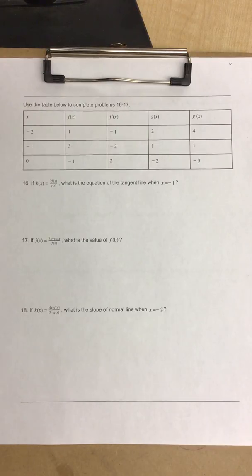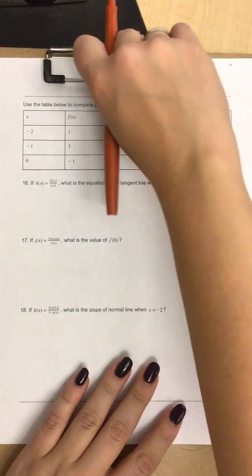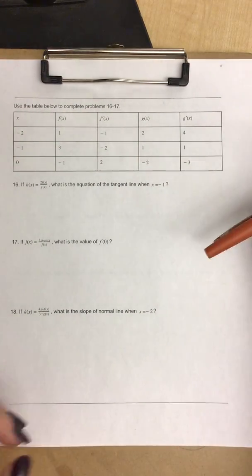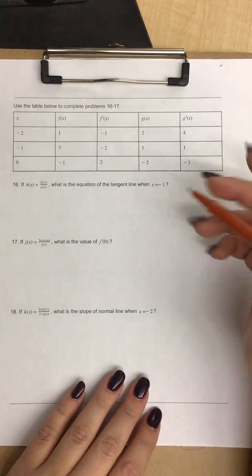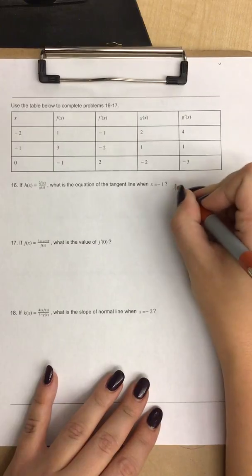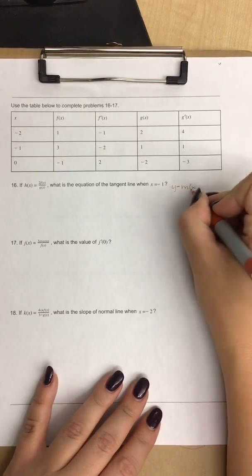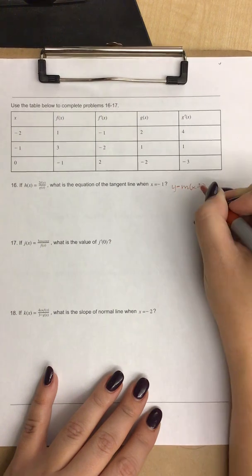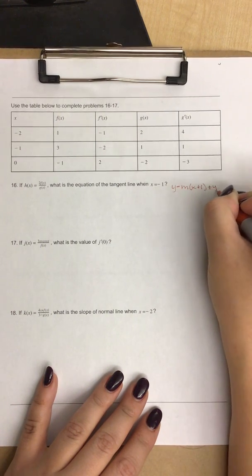Okay, so we've got this table here full of data points, and they want to know the equation of the tangent line at -1 for h of x. So y equals m times (x minus -1) plus y1.